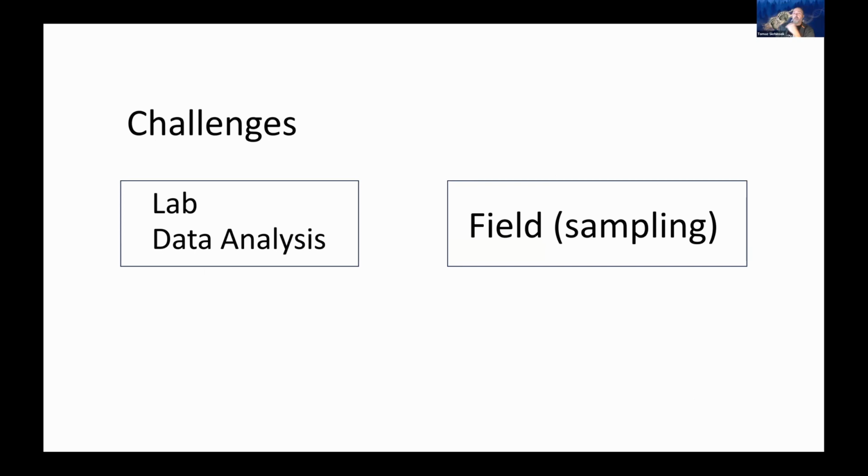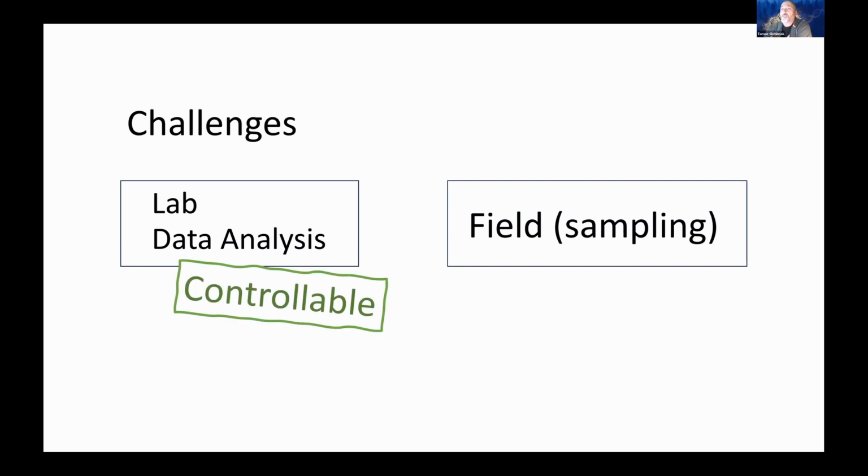Now let's talk a little bit about specific challenges of genetic monitoring and some recent methodological advances. When we think of genetic monitoring, we have 3 discrete components. The first 2 are laboratory and data analysis, and the third is field sampling. I would argue that the first part, while it's challenging, is largely controllable and predictable.